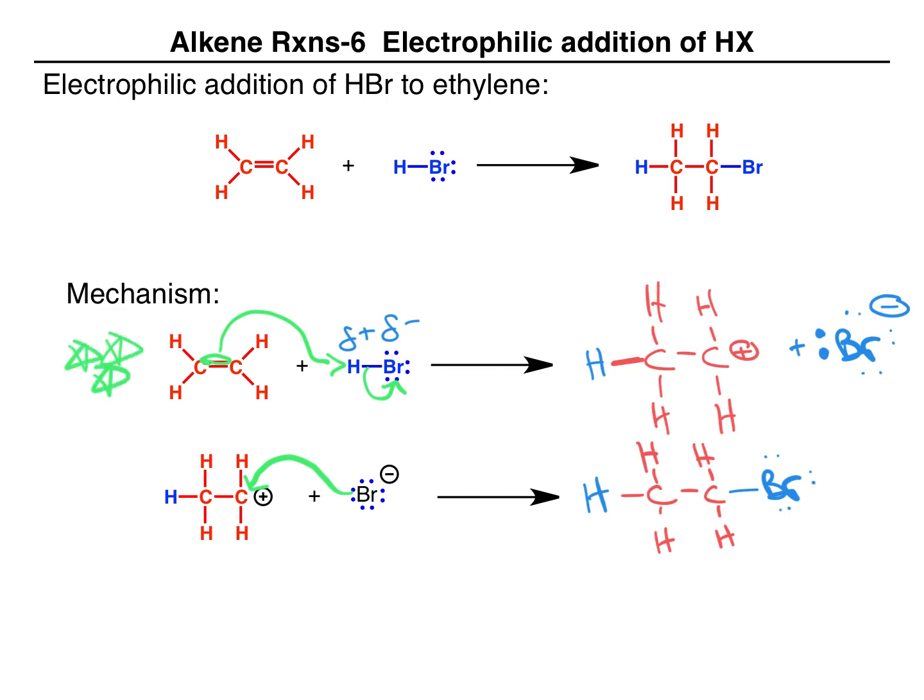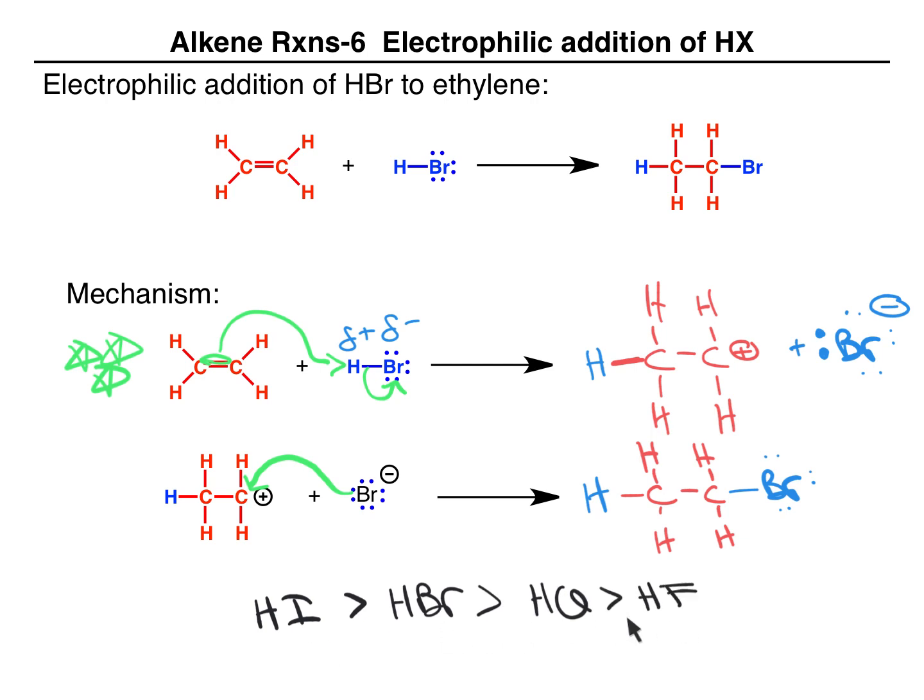What's happening in the rate determining step? The alkene is sharing electrons with the H of HX. Recall the relative reactivity of HX. HI is more reactive than HBr, is more reactive than HCl, is more reactive than HF.